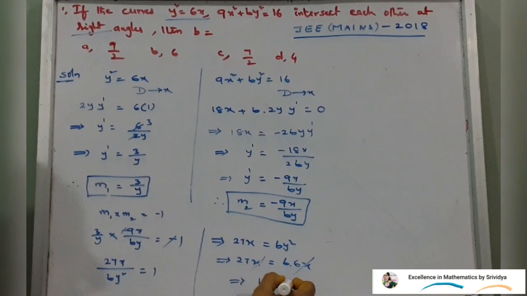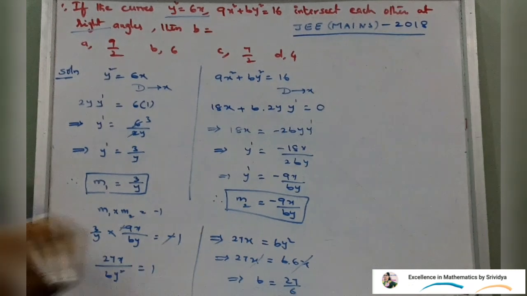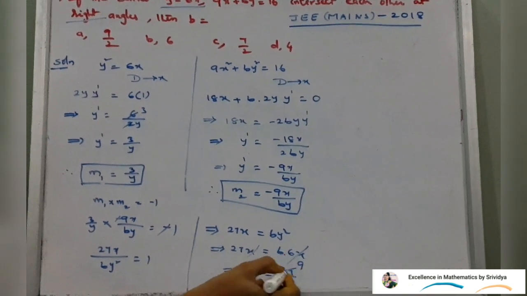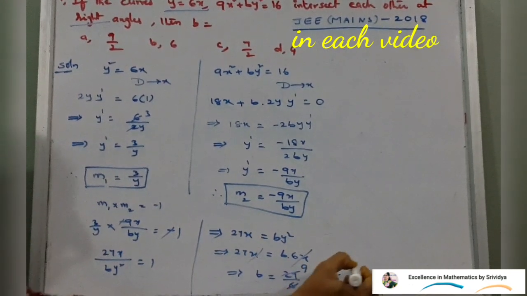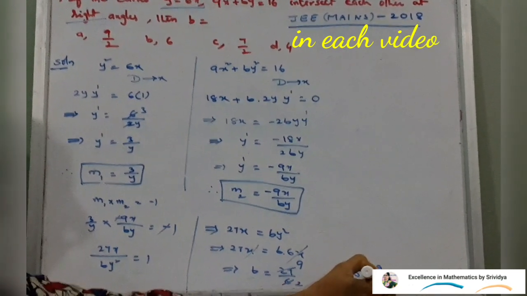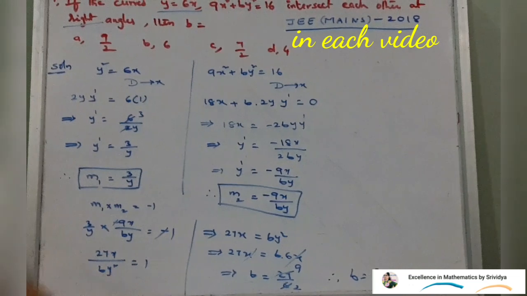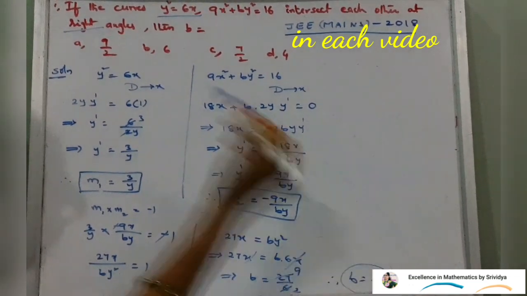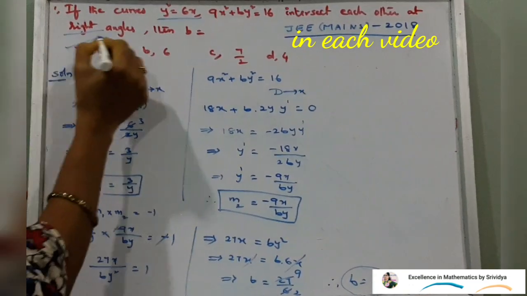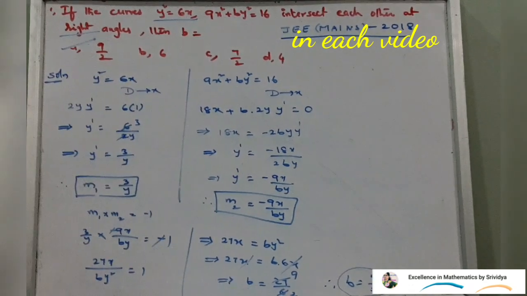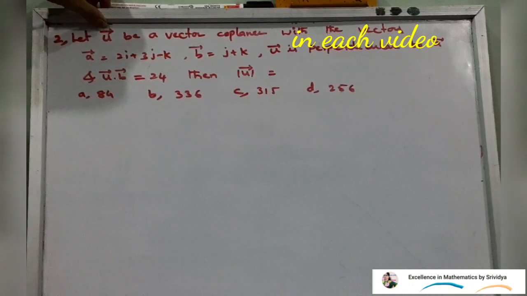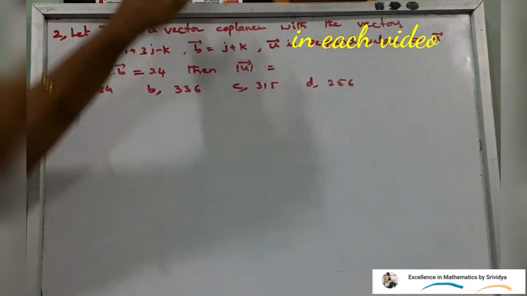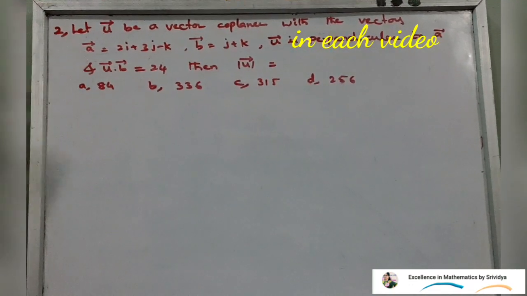Implies b is equal to 27 by 6. 3 9s are 27, 3 2s are 6. Therefore, b is equal to 9 by 2. So your answer is 9 by 2, option A.